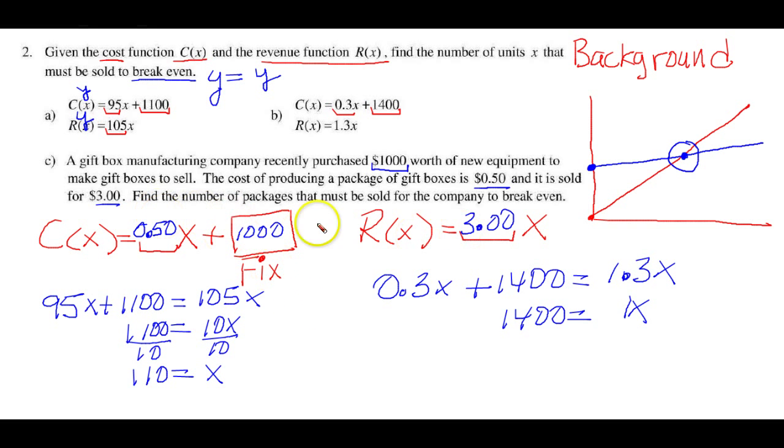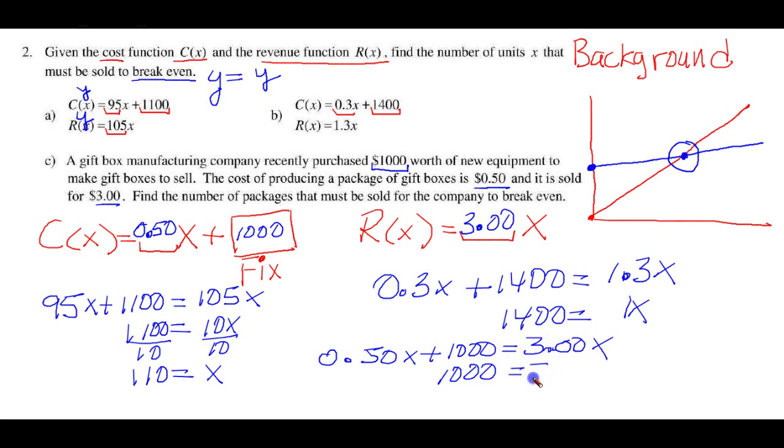So again, it's y equals y. So 0.50x plus 1,000 equals 3.00x. So we subtract 0.50x from both sides, and we get 2.50x.